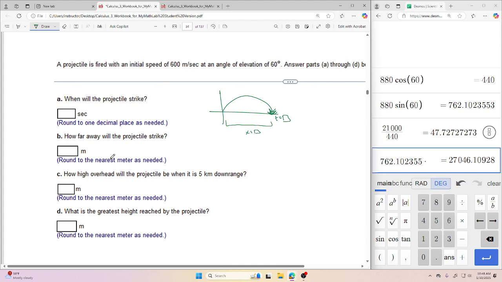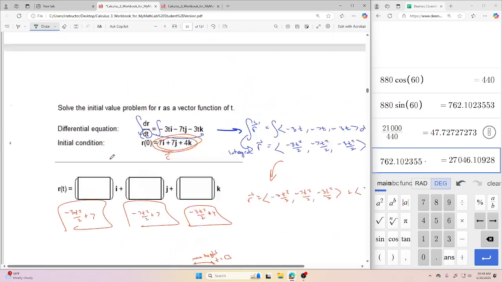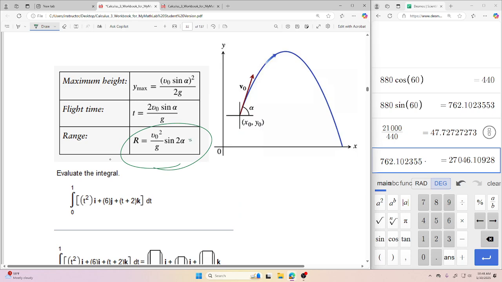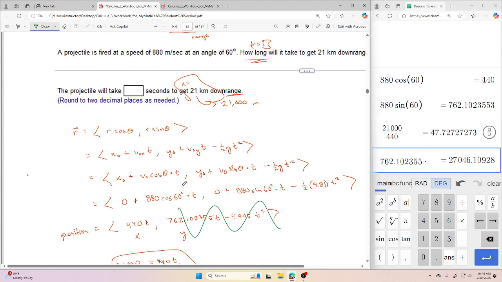So let's go and do that. I'm going to find some formulas that do t and x. So range, there it is. That's my x value essentially, right? So I have that formula. And then flight time right there. And they look really similar, don't they? Okay, so 2v naught sine alpha.